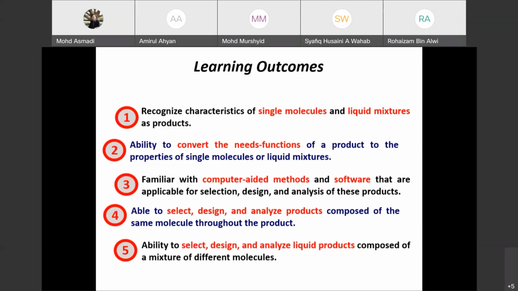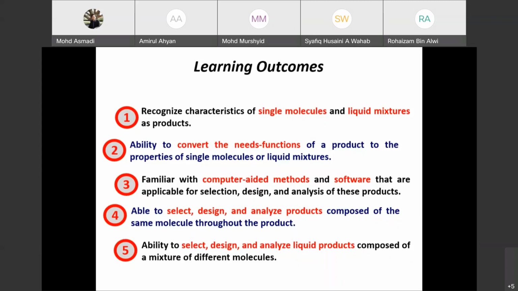Contohnya in term of the smoothness when you apply the lotion on your skin, right? So it's going to be related with the viscosity. Okay, so how to measure the viscosity? There's the equation you have to use. Okay, and then you have to be familiar with the computer aided methods or software, especially is iCast.